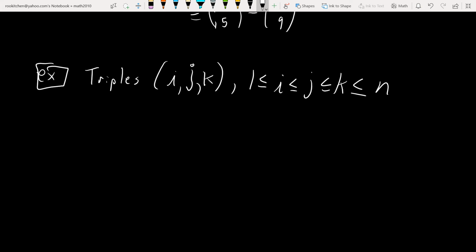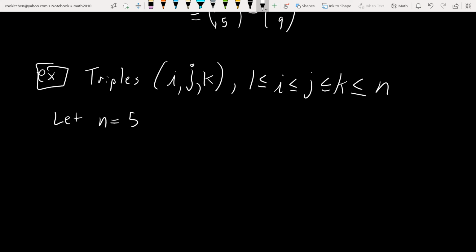Okay, so how are we going to pull this off? Well, we basically have n different numbers to choose from, right? So let's consider a concrete example. Let's say n is 5.